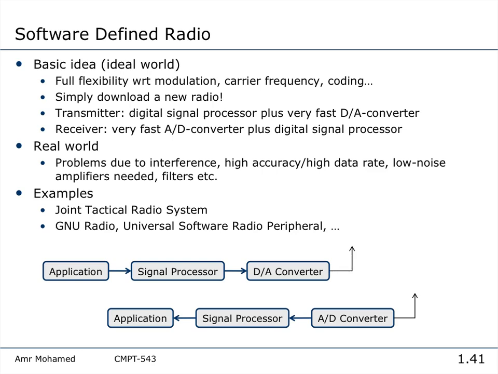So we have actually done some implementations using a very famous platform called USRP, Universal Software Radio Peripheral. It's a hardware platform that has a high speed CPU for all the radio processing, and it has analog to digital and digital to analog converters for the transceiver, for transmission and reception.